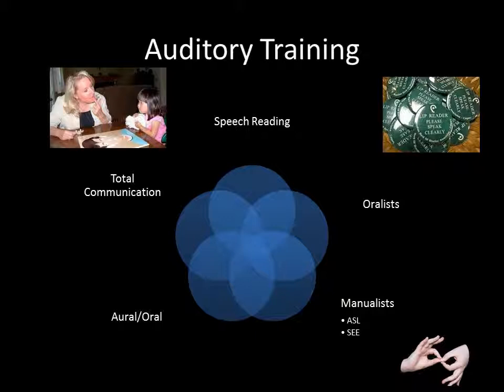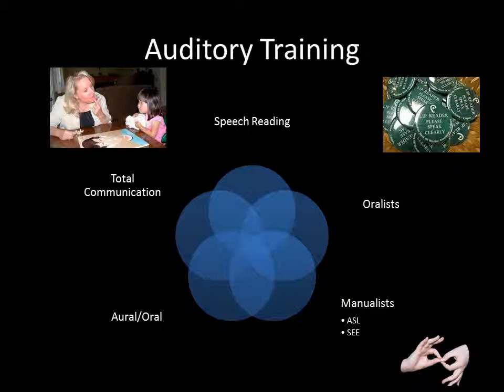Then communication training can be thought of as two different groups. One group is referred to as the oralist, and another group of individuals who believe that deaf children will never attain the necessary oral speech language skills to make them functional consider themselves manualists.